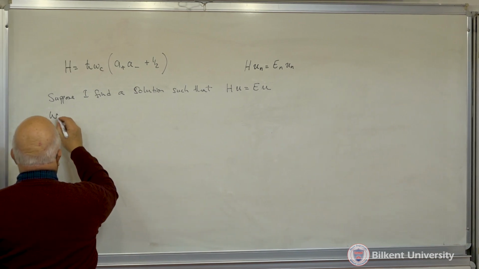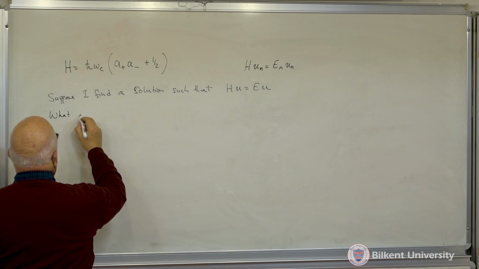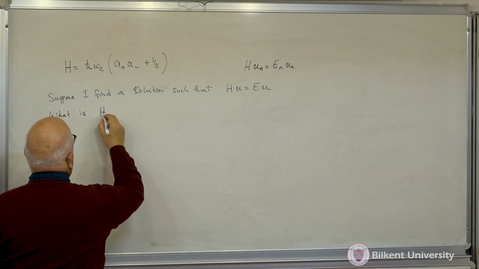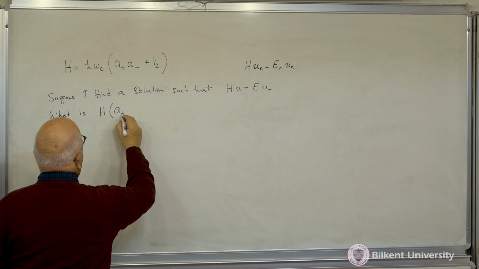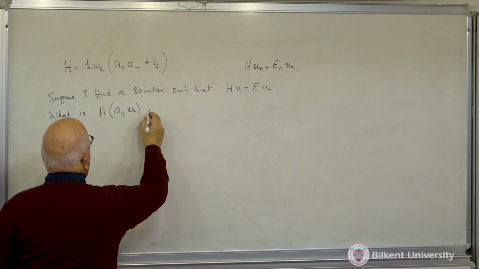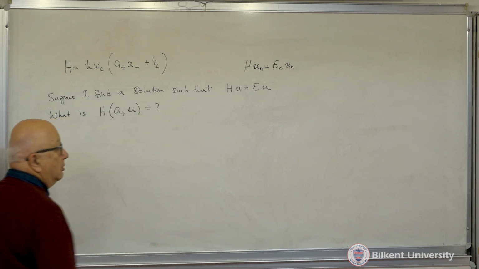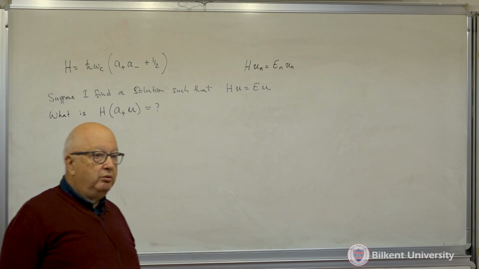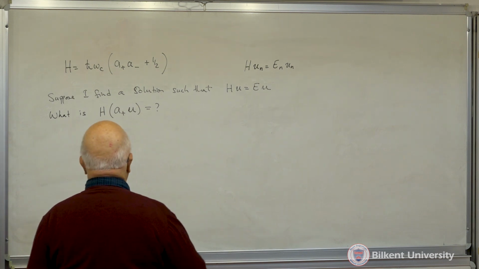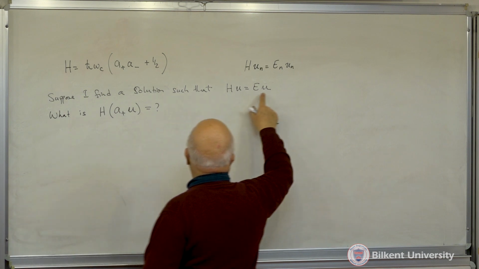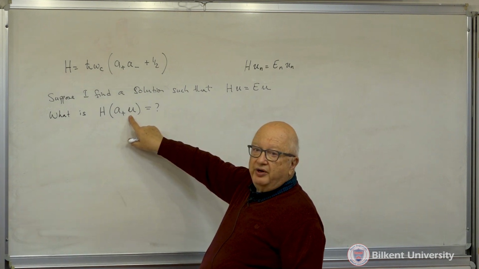So the question is, what is H times a plus times u? I'm just going to operate on this function. So u is a function of x. So very simple.